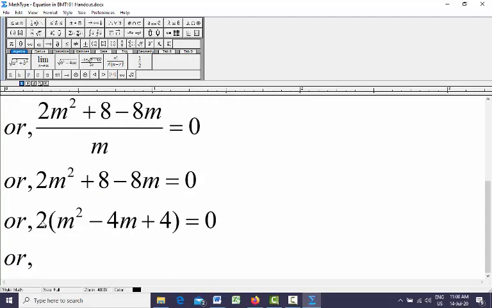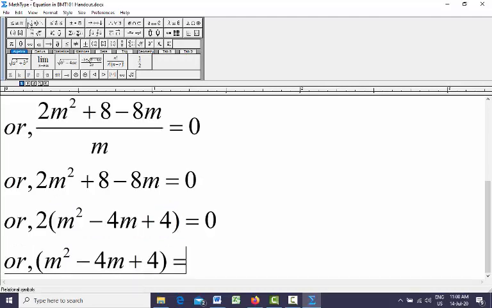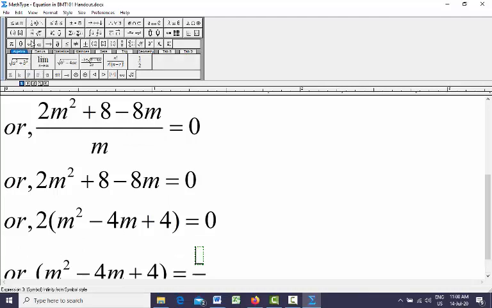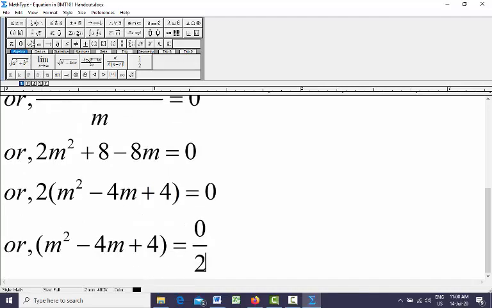Now, as you can see, here 2 is there. So if you keep this one on this side, this side we will have 0 by 2, because this 2 is in multiplication with this one. If you move it to the right hand side, it will move into the denominator.